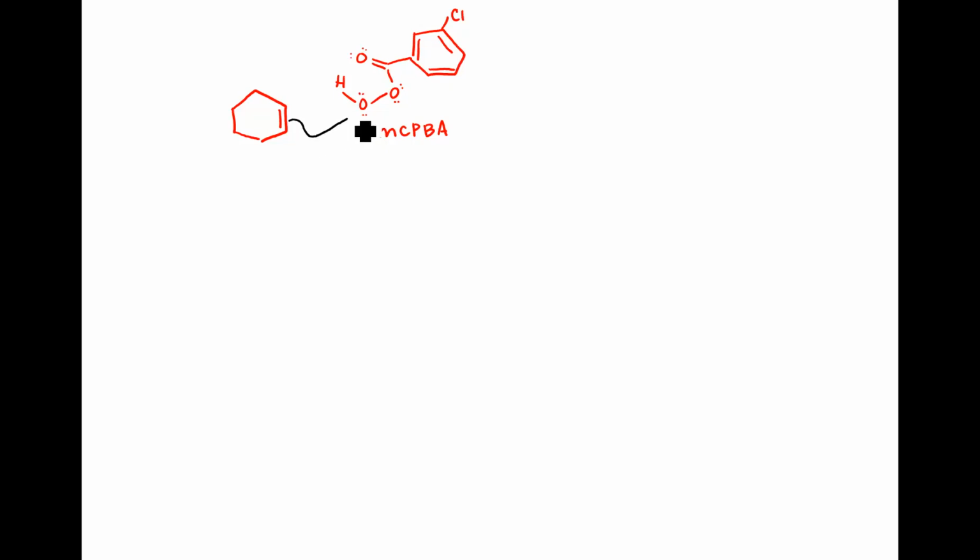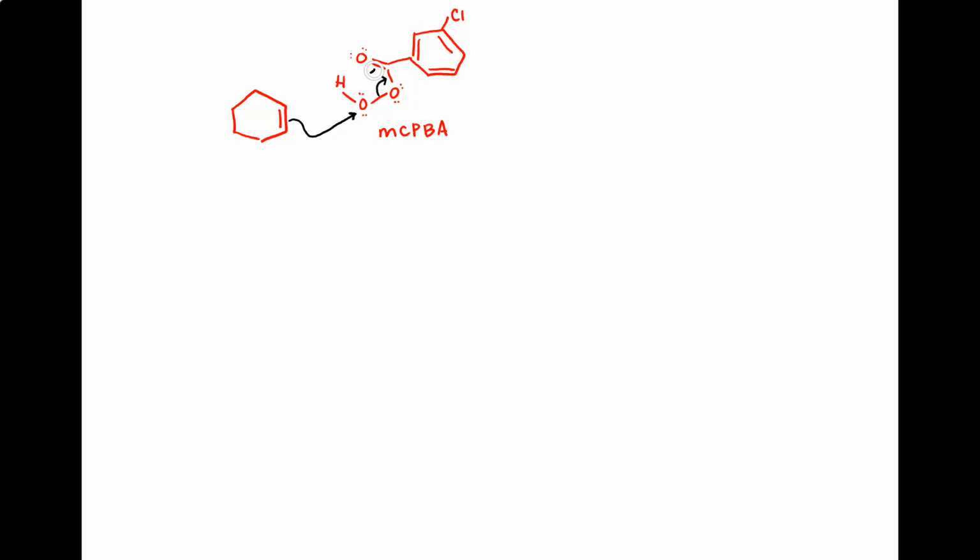The alkene will preferentially attack this oxygen because the other oxygen is a better leaving group due to resonance stabilization. So during the attack, we would have loss of a leaving group. I could take these electrons and put them onto oxygen as a lone pair, but instead I can move them over to form a double bond between that carbon and oxygen.